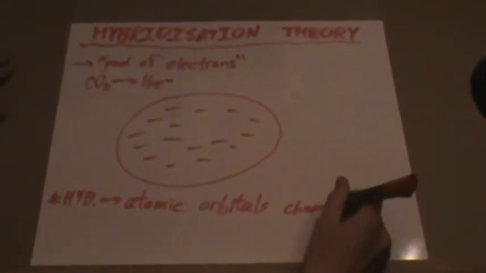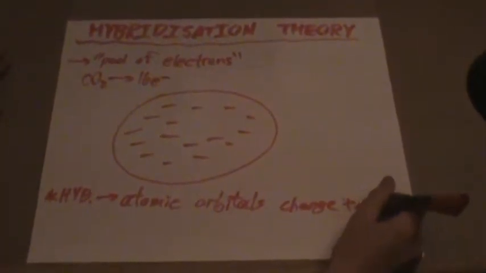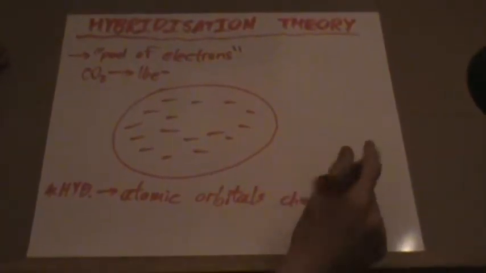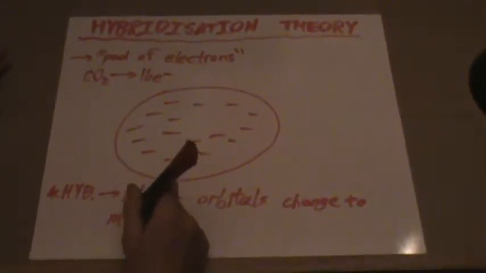This is why hybridization introduces us to the idea of how atomic orbitals change to become molecular orbitals in bonding.